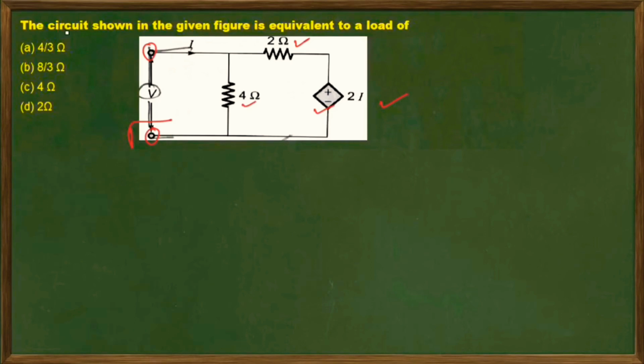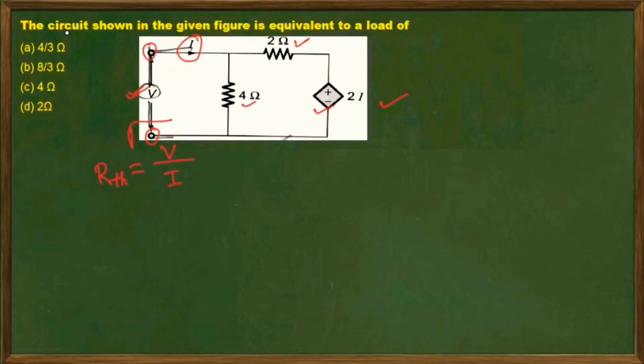So here we provide a test voltage source. This is a test voltage source of magnitude V, which is supplying a current of amount I. Now here, as I said in the last lecture, when the network consists of only dependent sources, then the R Thevenin or the R equivalent is given by the test voltage magnitude divided by the current supplied by it.